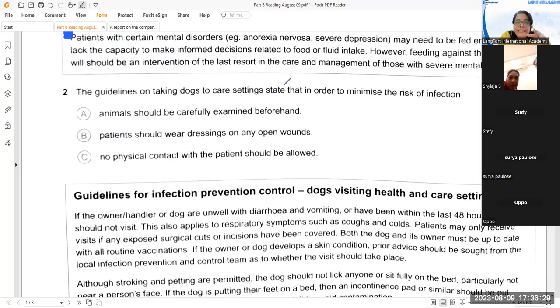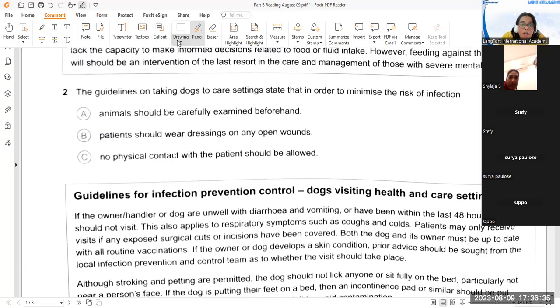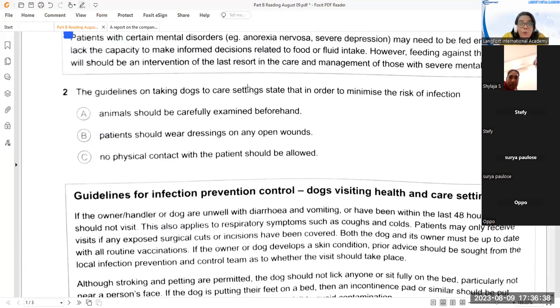And these guidelines state that in order to minimize risk of infection, how do you interpret this question? Do not look at the options. This is an incomplete question. Tell me, what do we need to find out here? Focus on this clause: in order to minimize the risk of infection.